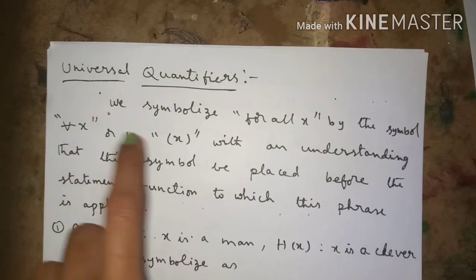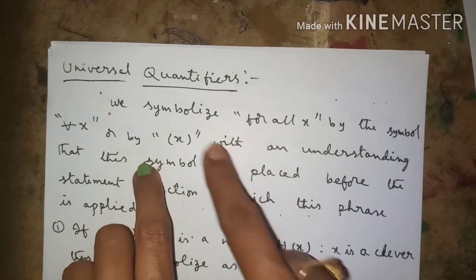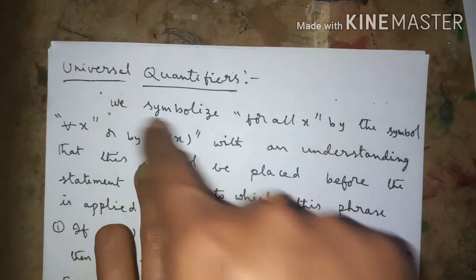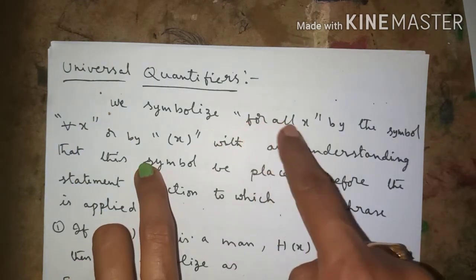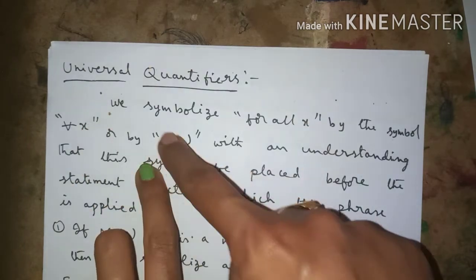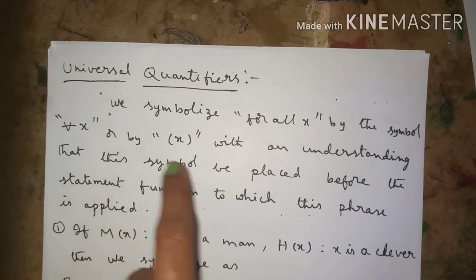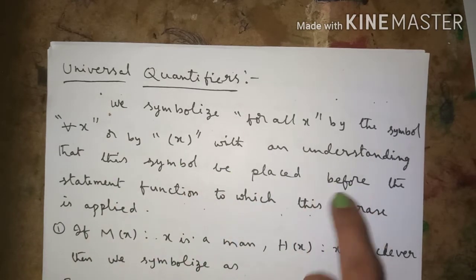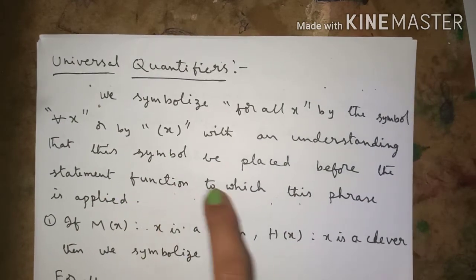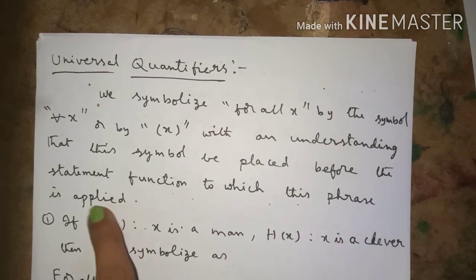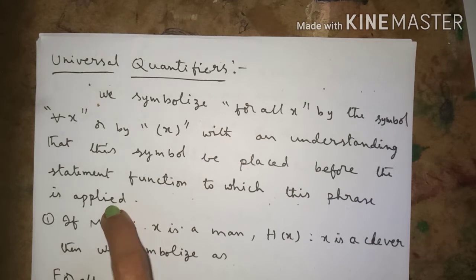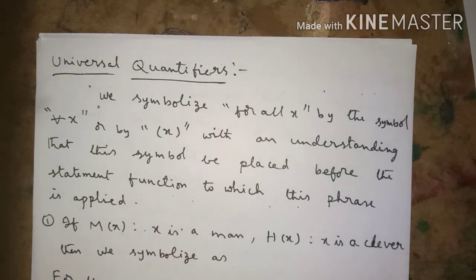This symbol is placed before the statement function to which it is applied. This is called the universal quantifier. For all x is called the universal quantifier.